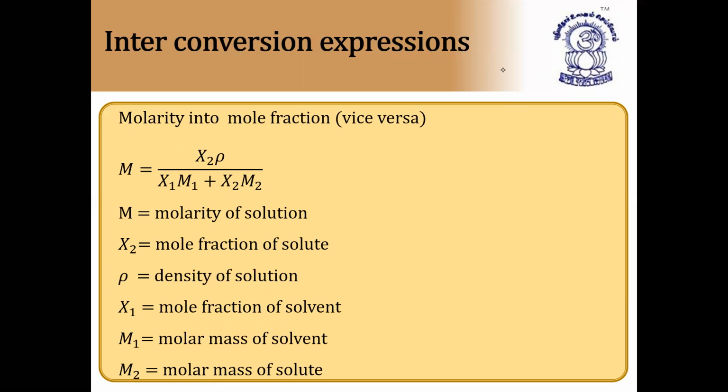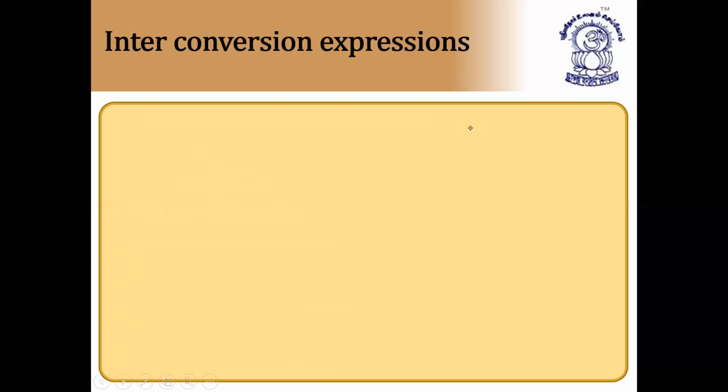So M2 is called molar mass of solute, M1 is called molar mass of solvent, M is called molarity of the solution. In this way you can find, once you know molarity or molality or mole fraction, you can find the other two easily. I hope this is clear.